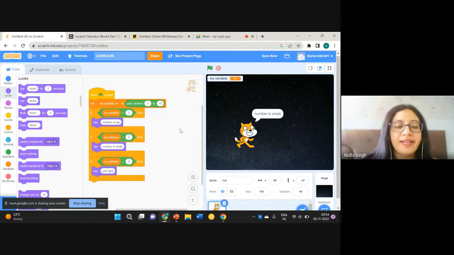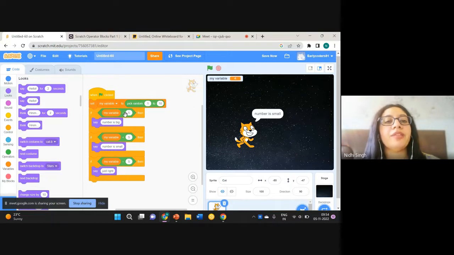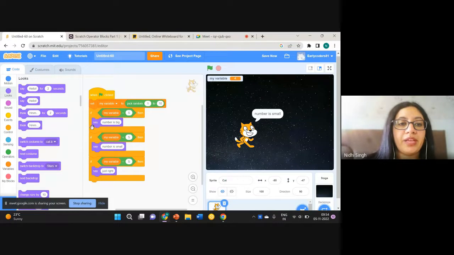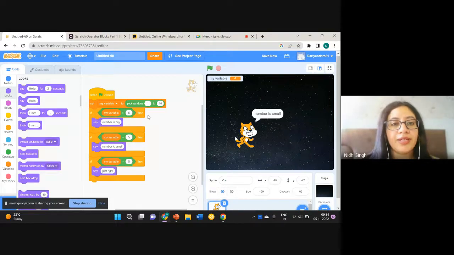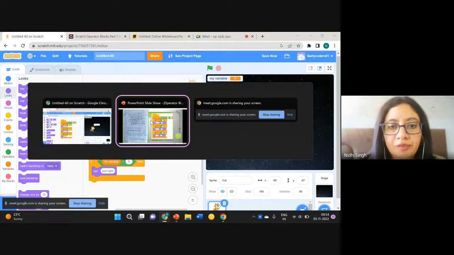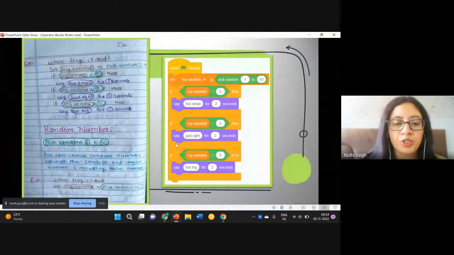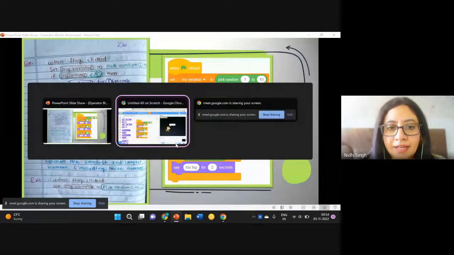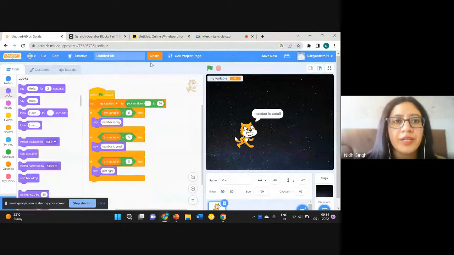So like this, we are using these hexagonal Boolean blocks as conditions, okay? With control blocks. If is your conditional block. Clear? All okay, right. So ma'am, we will continue from here tomorrow, and let me share the quizzes link with you.